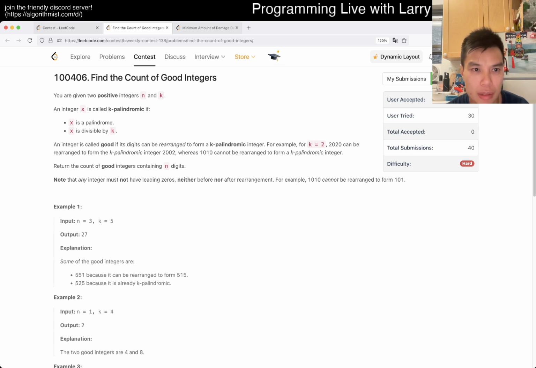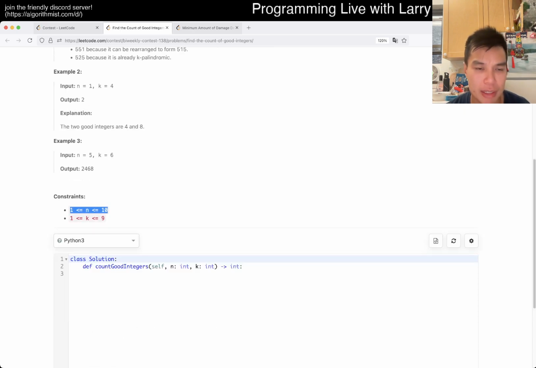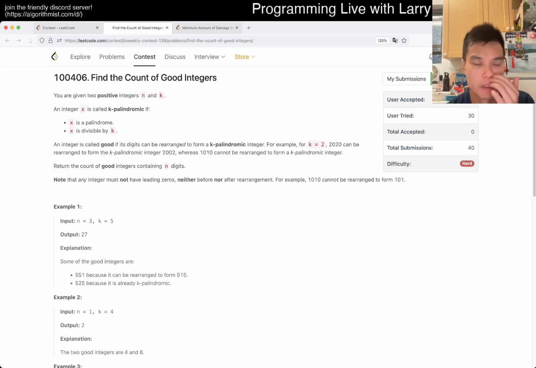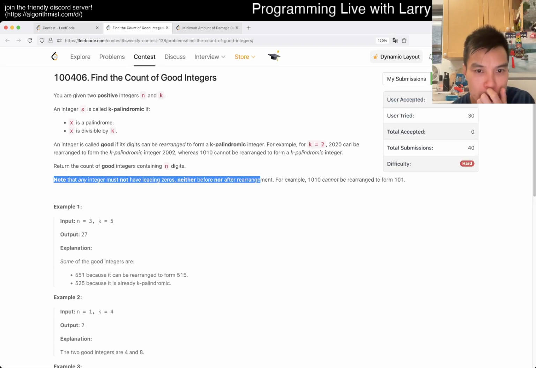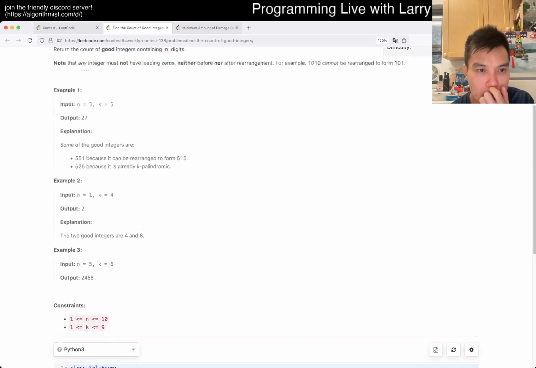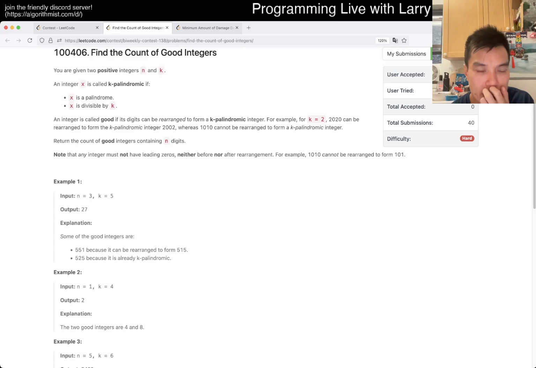If k is equal to 2, what is k? Oh, divisible by whatever. Return the count of good integers containing n digits, and n can be 10. Huh. I mean, that's not as... k is divisible.